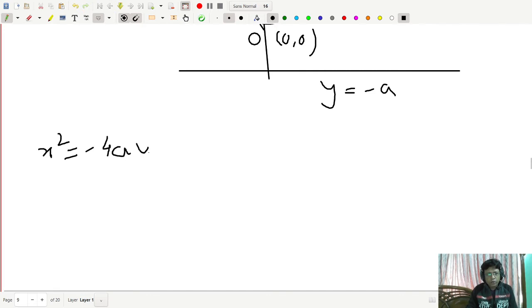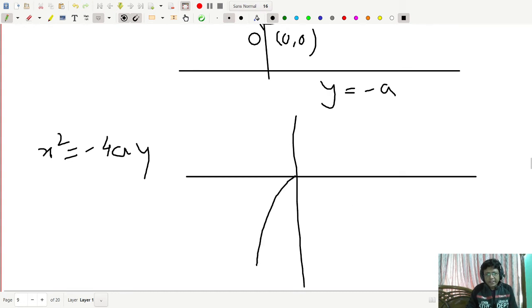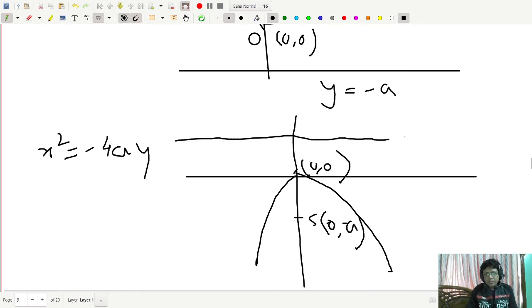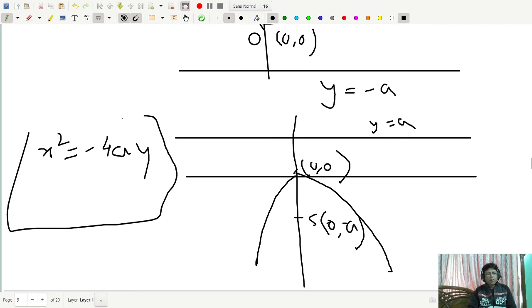This is actually the negative y-axis. The negative direction of the y-axis is the axis, and in this case your focus will be (0, minus a). Vertex is (0, 0), and the directrix is y equal to a. So this is how you can deal with this type of equation.